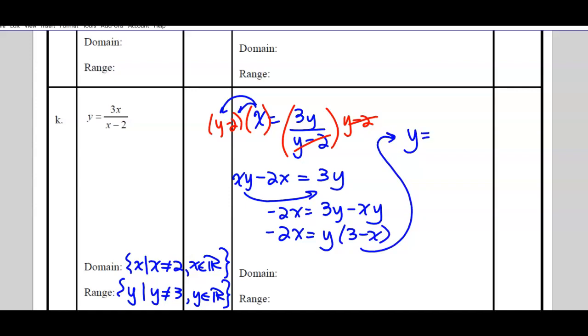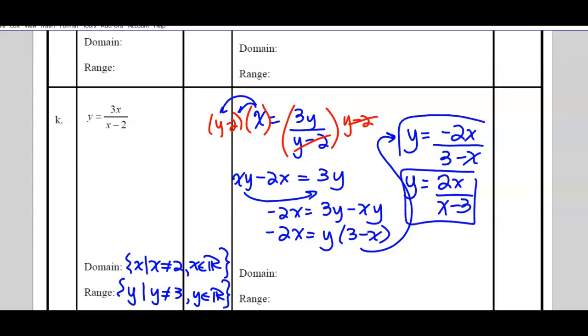And so y equals negative 2x over 3 minus x. How else could I write that? So that my denominator has a positive x. Either one of these I would accept.